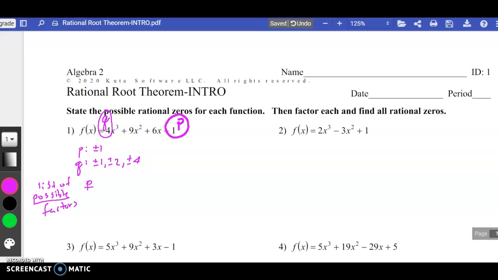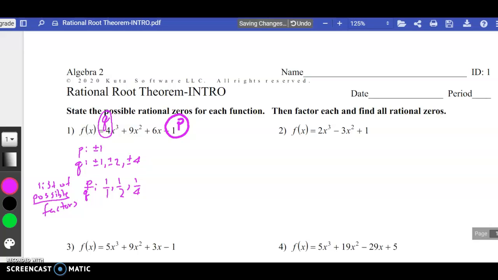So I have my P over Q list. That means every P has to go over every Q. So I have 1 P, so I'm going to write all my Q's just once. 1, 2, and 4. And now my 1 for my P goes on top. 1, 1, and 1.